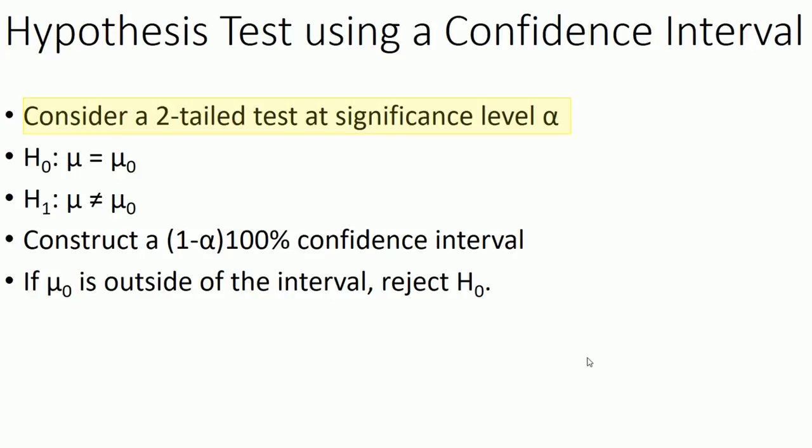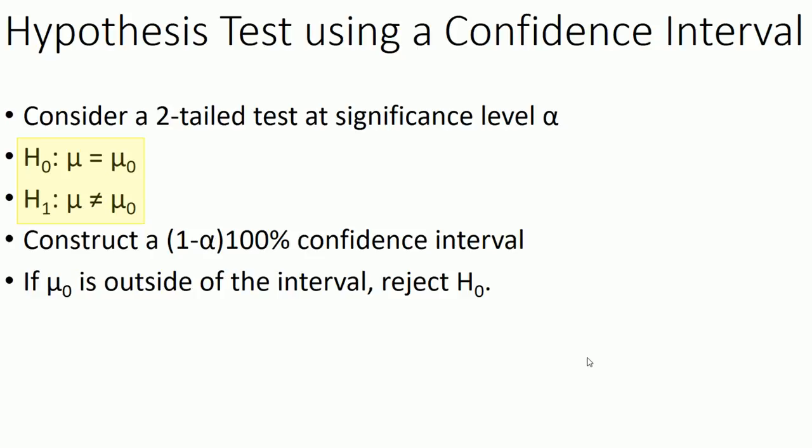Okay, so you have a null hypothesis, mu equals some number. I'll call it mu naught. Think of mu naught as being some fixed number that's given to you in the problem, like 15 or 20, whatever number it is, 73 pounds. And the alternative is that mu is not equal to mu naught.